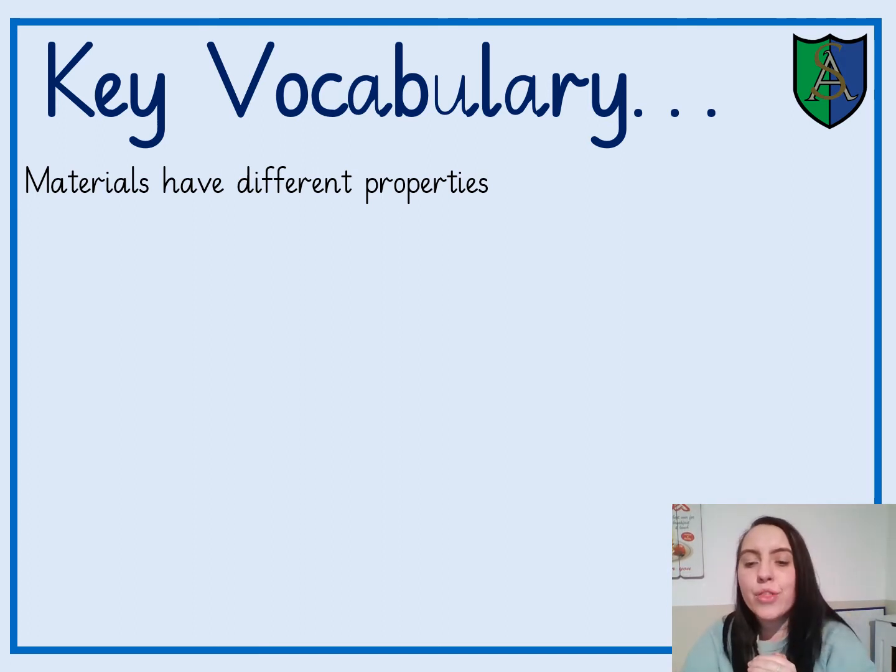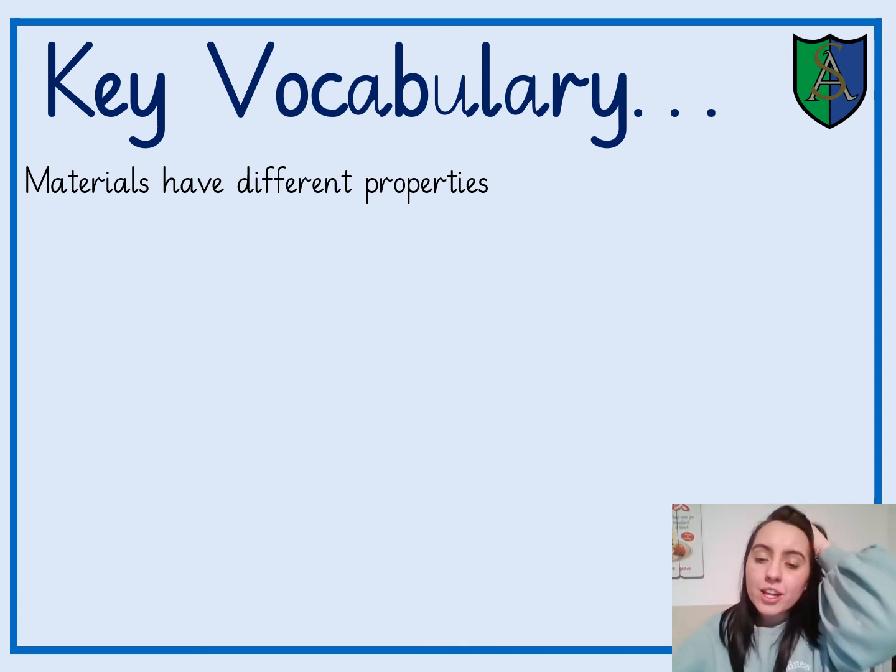We can see through it. That's a property of glass. If we look at stone, we know that stone is hard. If we look at Play-Doh, we know that Play-Doh is squishy, isn't it? It's soft and squishy. So properties just describe materials, if you like.